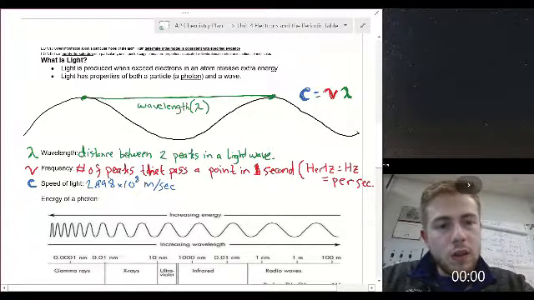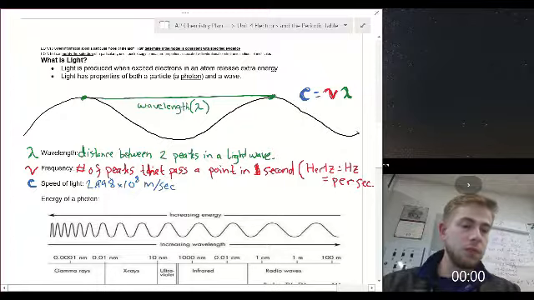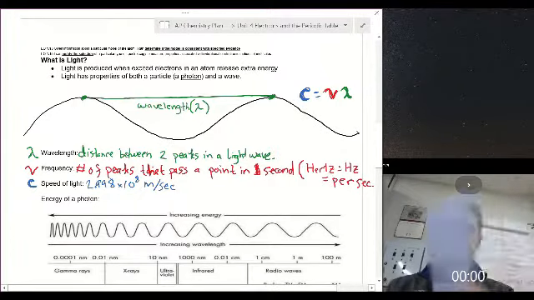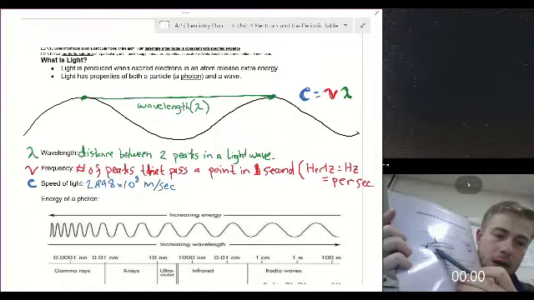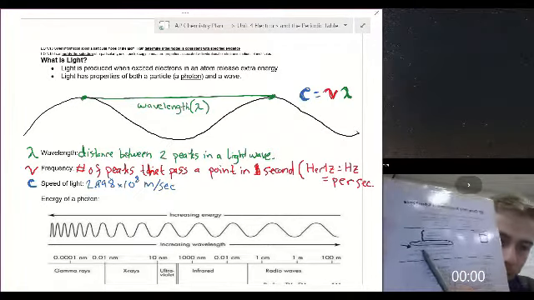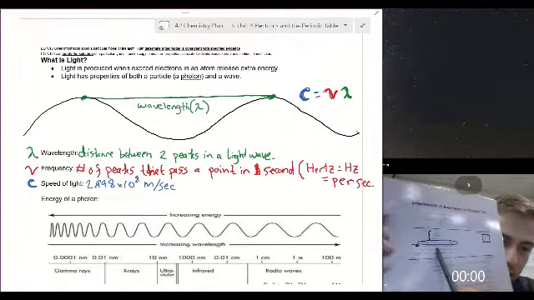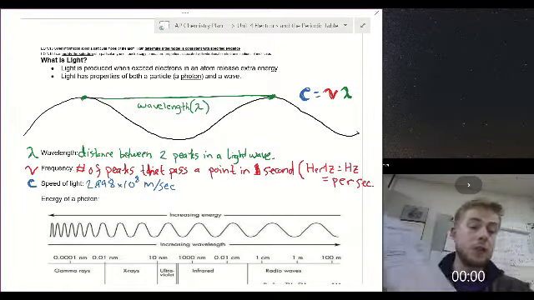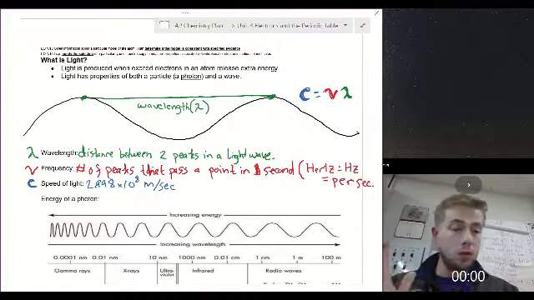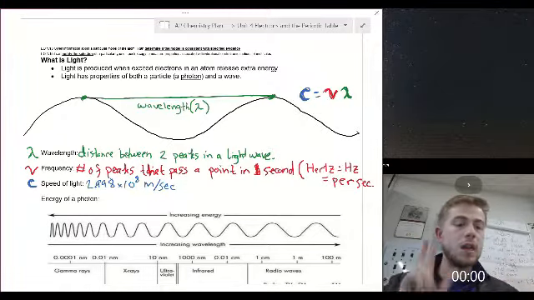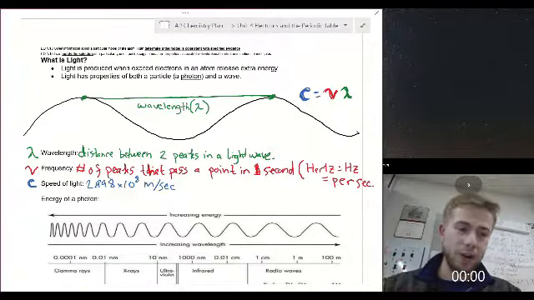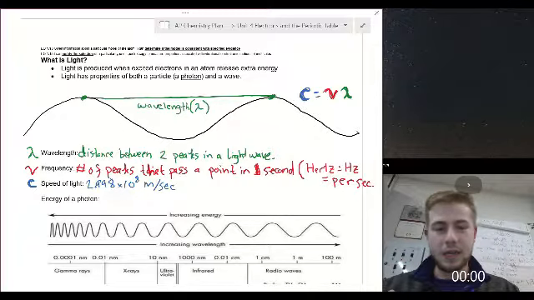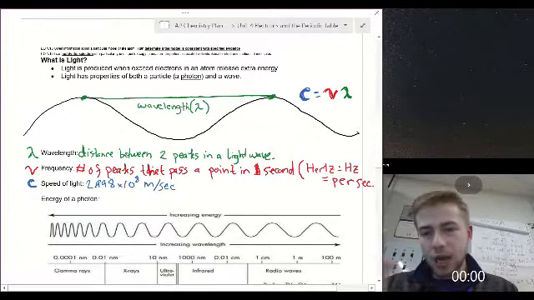Okay, so if you don't have the speed of light memorized, it is on your equation sheet as well. It's given to you on your AP exam. So if you know either wavelength or frequency, you know 2 out of those 3 variables, you can solve for the third. And we will do some practice here in just a few minutes.